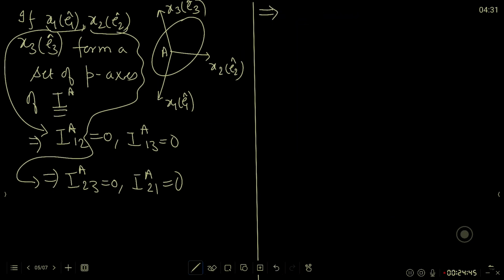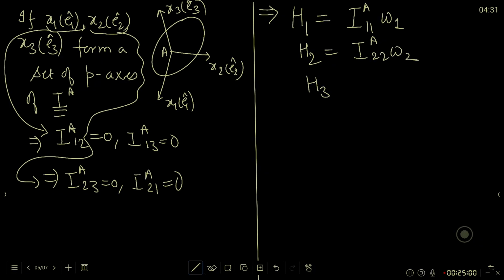So, I am summarizing, H1 will be I_A11 omega 1, H2 will be I_A22 omega 2, and H3 equals I_A33 omega 3. Cross coupling disappeared.